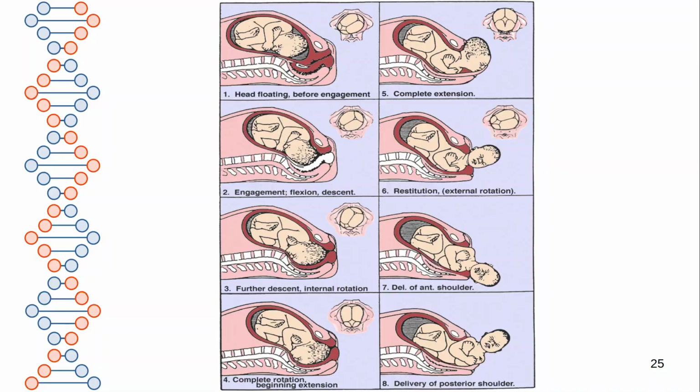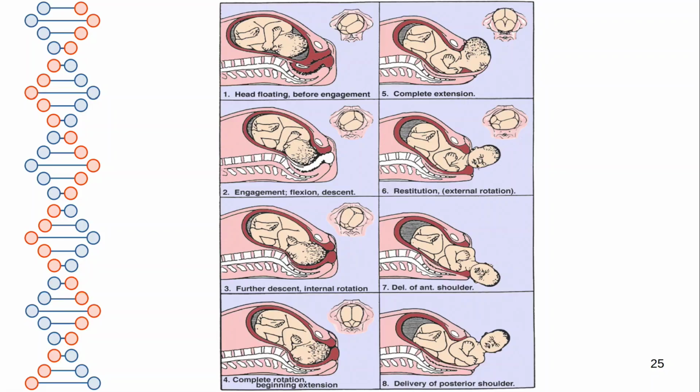Once the shoulders are delivered, the person conducting the labor will hold the baby's head and body and deliver the rest of the body. These are the steps of the mechanism of labor: head floating before engagement, flexion, descent, further descent, internal rotation, complete rotation and beginning of extension, complete extension, restitution.